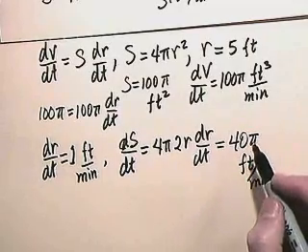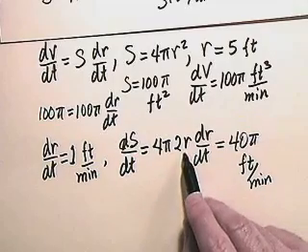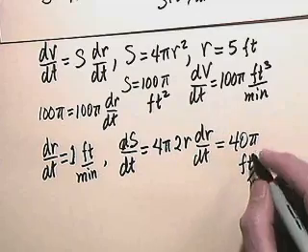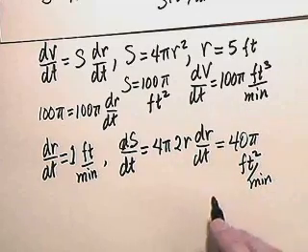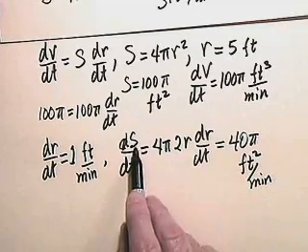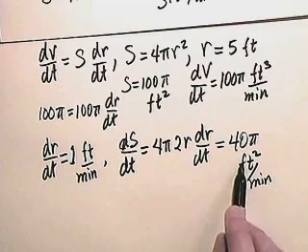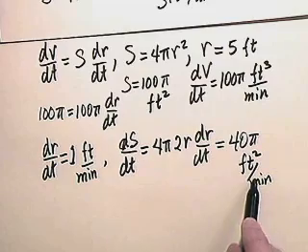Well, let's think of our units here carefully. What do we got? There's an r, there's an r, so we've got actually r squared, feet squared per minute. We're dealing with the rate of change of surface area, so our units had better be square feet per minute in this case.